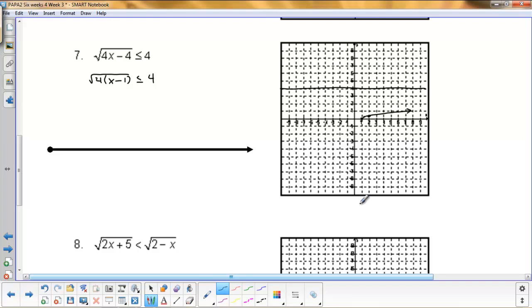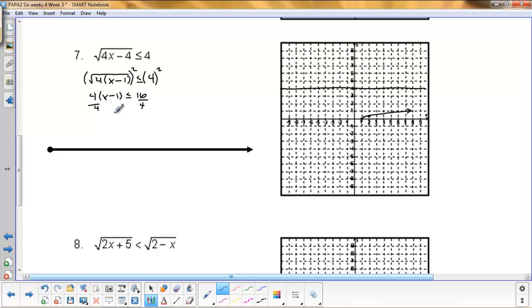And so that's going to be the place where we determine what our answer is going to be. The way that you do this is by first simplifying or solving for x. Getting rid of the square root gives me 4 times x minus 1 less than or equal to 16.